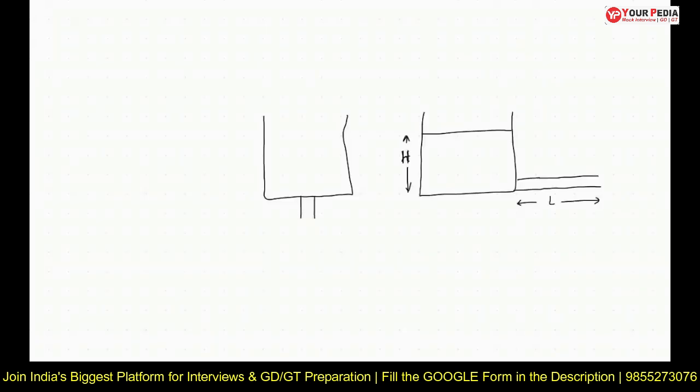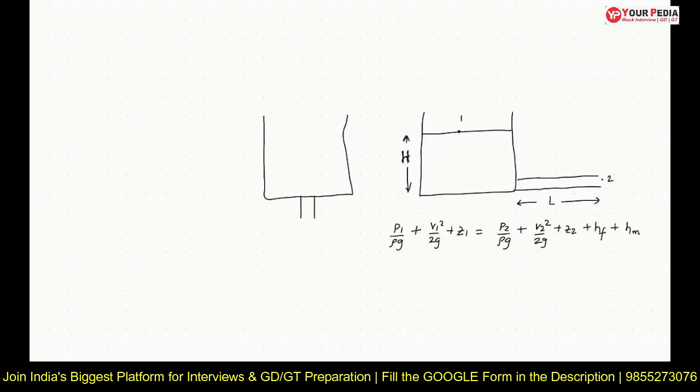First of all, I need to take points 1 and 2. According to Bernoulli's equation, P1 by rho g plus V1 square by 2g plus Z1 is equal to P2 by rho g plus V2 square by 2g plus Z2 plus frictional losses plus minor losses.